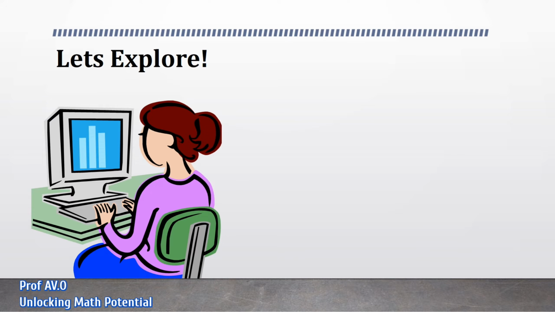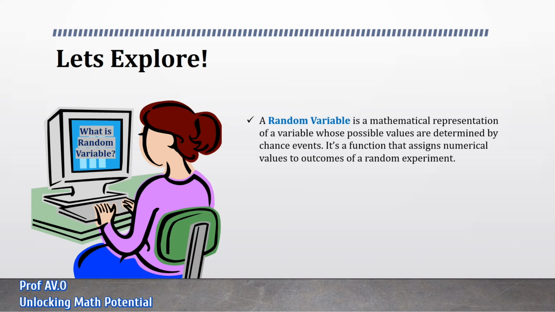Let's explore. What is a random variable? A random variable is a mathematical representation of a variable whose possible values are determined by chance events. It's a function that assigns numerical values to outcomes of a random experiment.